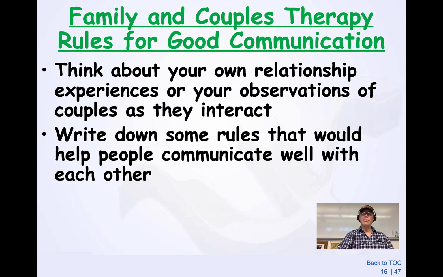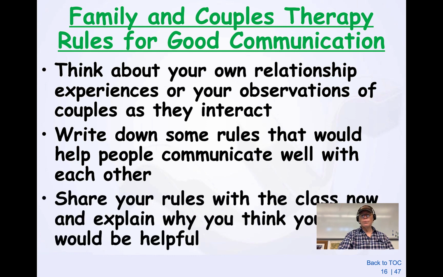Things like we talked about earlier, where you use I instead of you, and you rephrase or paraphrase what a person said. You repeat back to them what they said, because a lot of times the communication gets messed up as it goes from your mouth to their head. They actually hear something that you didn't say. So that's really good communication possibilities. And share your rules with the class. So this was an in-class exercise, which we're not going to do.